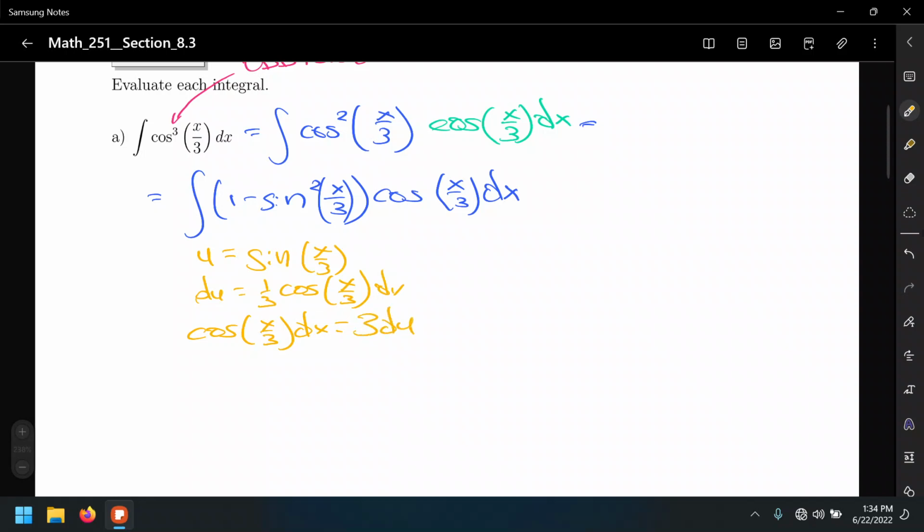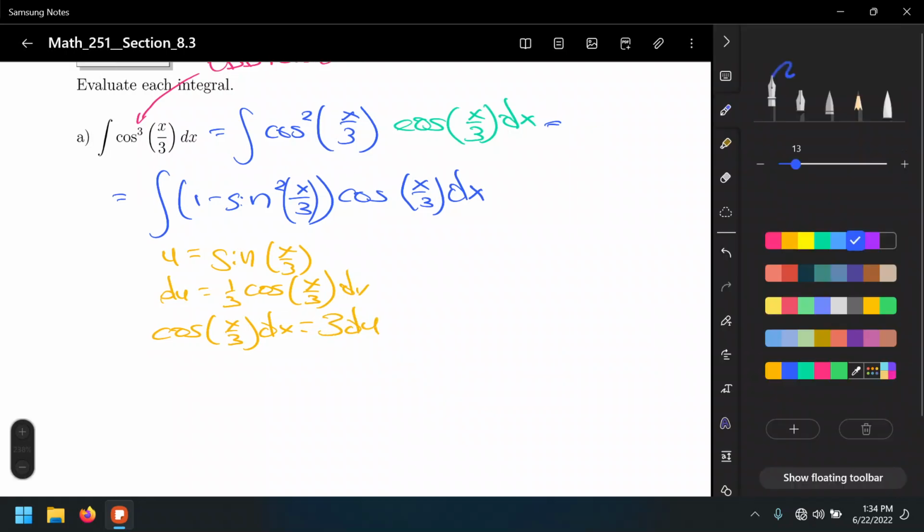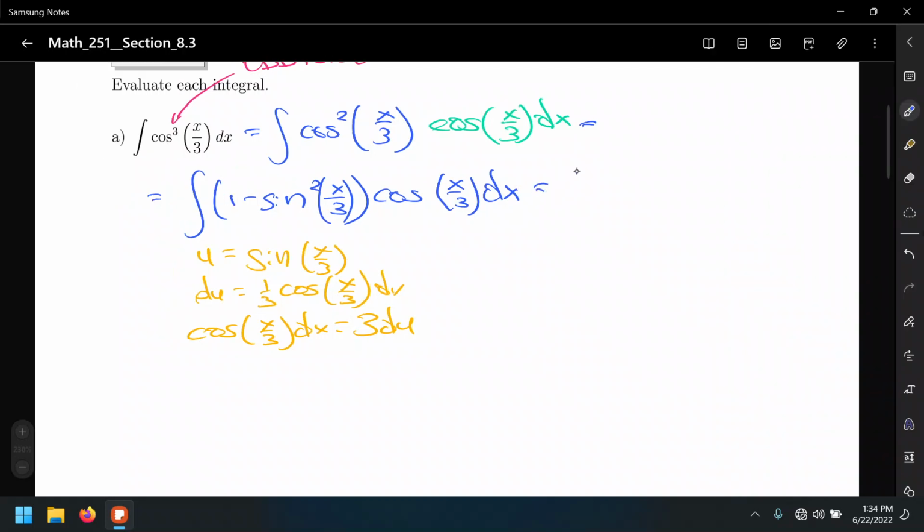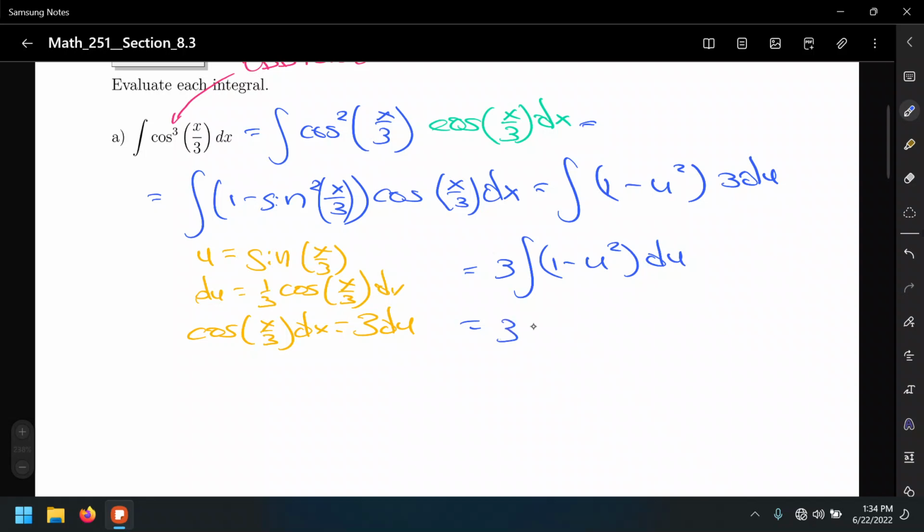So when we do the substitution, this is going to look the following way. The integral of 1 minus u squared, and this whole thing, cosine x over 3, becomes a 3 du, for which we can take out the constant and integrate each term. Well, what's the integral of 1 with respect to u? U. And what's the integral of u squared?